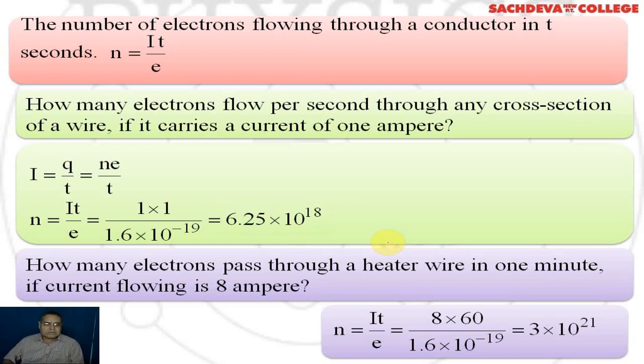Now, if we slightly analyze this number 6.25, we don't find that there will be a decimal or fractional amount of the number of electrons, because n is equal to plus minus 1, plus minus 2, plus minus 3. So, if we use the concept of significant figures, we find that the decimal part must be removed.